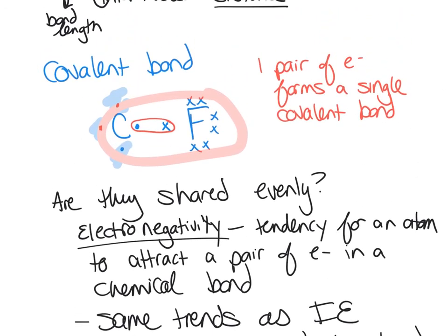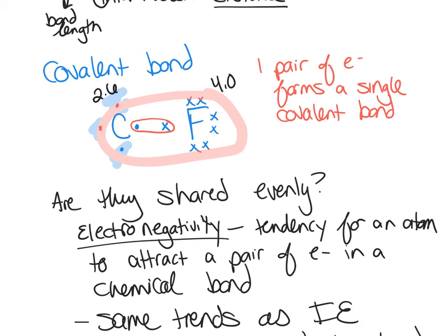If we go back up here to revisit our carbon and our fluorine, your Regents reference table has your electronegativity values, but usually you're not going to need them. Fluorine has an electronegativity of 4.0, and carbon I think is like 2.6. So if I'm looking at these two atoms and the bond between these two electrons, there is an uneven distribution of charge here, and that's what we call polarity.